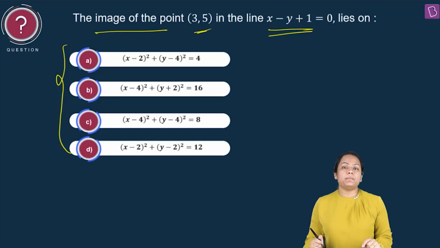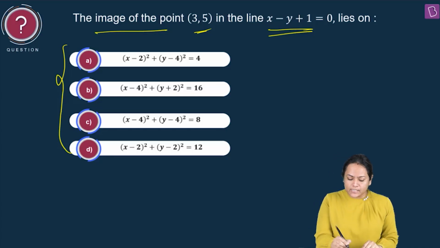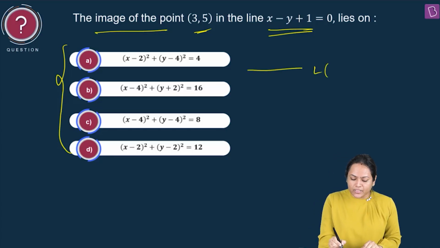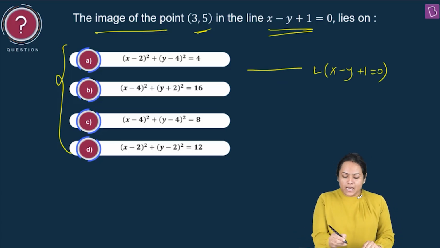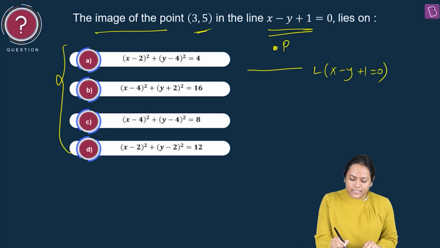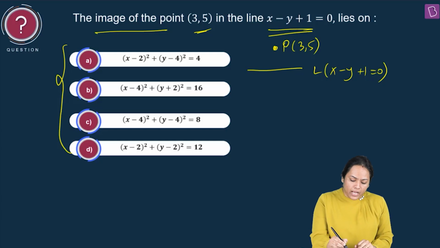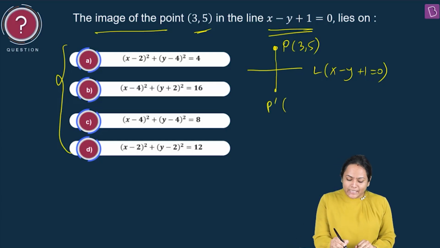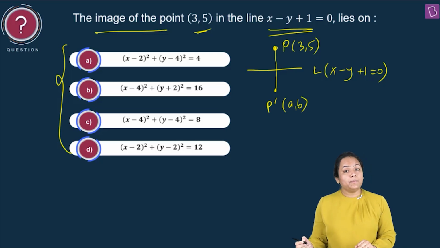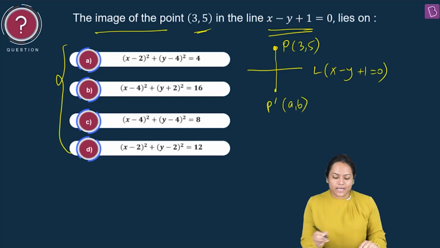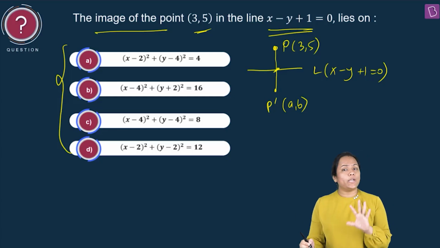If you do not remember the formula, what you can do is, this is my line, let us say L, having the equation x minus y plus 1 equal to 0, right? I have my point here, let's say that point is P, whose coordinate is 3, 5. I have to find its image, let's say this is P dash. So I'll take this P dash as A, B. And I can say that its midpoint definitely is going to lie on the line.